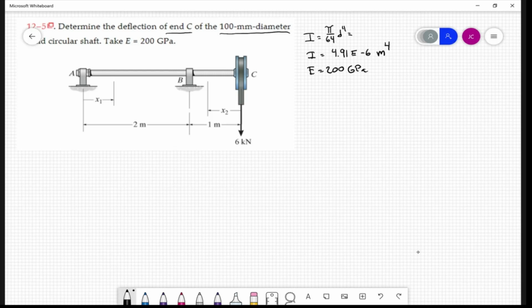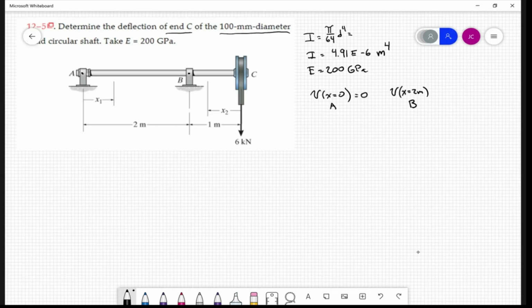All right. So first, we have to get the shear curve, the moment curve, then integrate that again, get the slope, and then integrate that again and get the deflection. And we're going to apply the appropriate boundary conditions. It's a little trickier here because in this particular case, we know that the deflection at x equal to 0, that's at point A. This is point A. That is equal to 0, as well as the deflection at x equal to 2 meters.